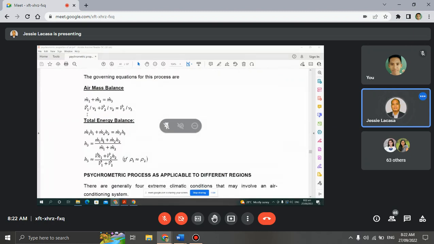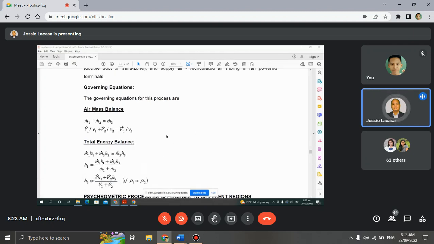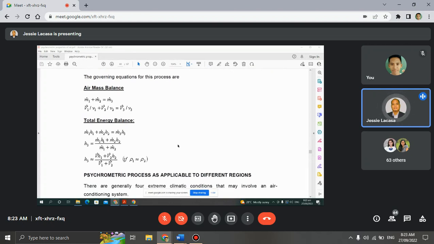Then we have the specific volume. The volume over the specific volume, same naman na siya sa mass, no. The volume over the specific volume is equivalent to mass.